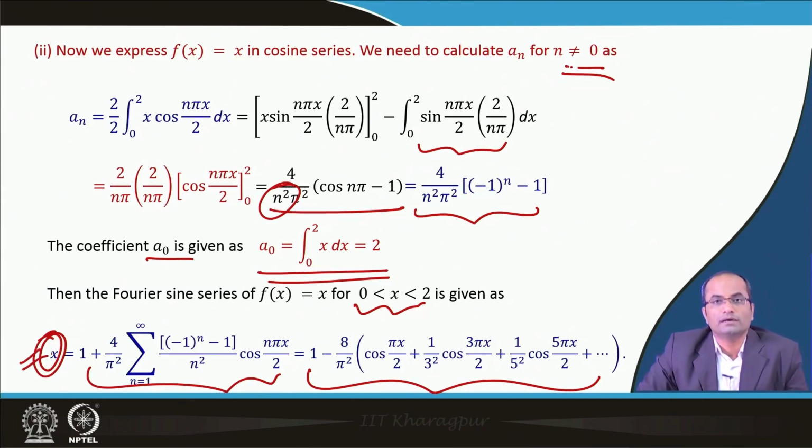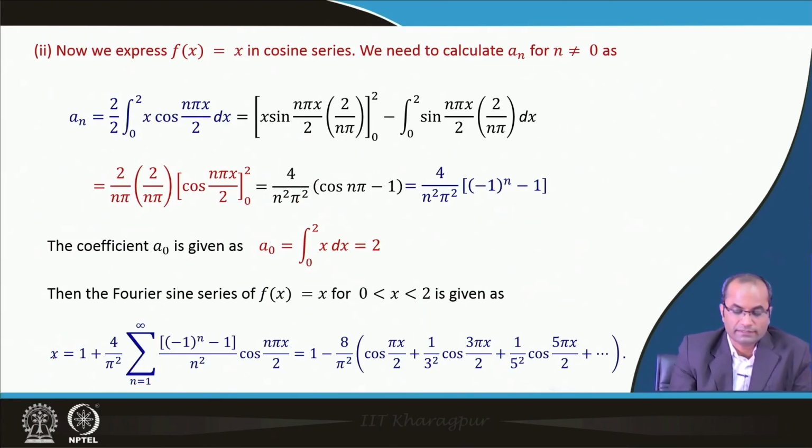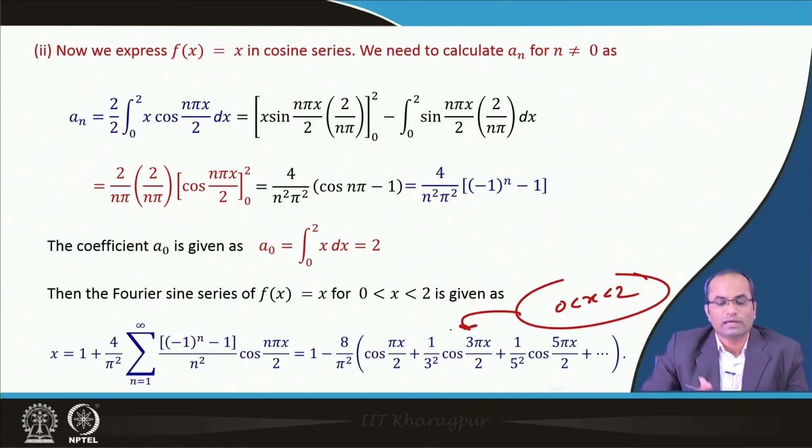Now we have written this x with the equality sign, in the region 0 to 2, in terms of the cosine. So, that is the beauty of this half range sine or cosine series, that the given function we can write down either in the sine series or in the cosine series.